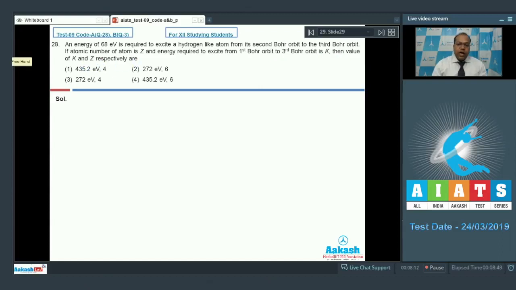So we know that in hydrogen-like atom, the energy difference delta E is given by E0 into Z square into 1 upon n1 square minus 1 upon n2 square, where the value of E0 is 13.6 electron volt.